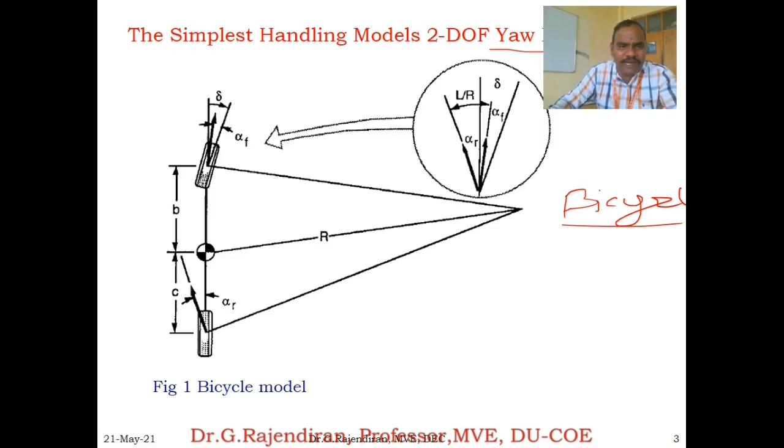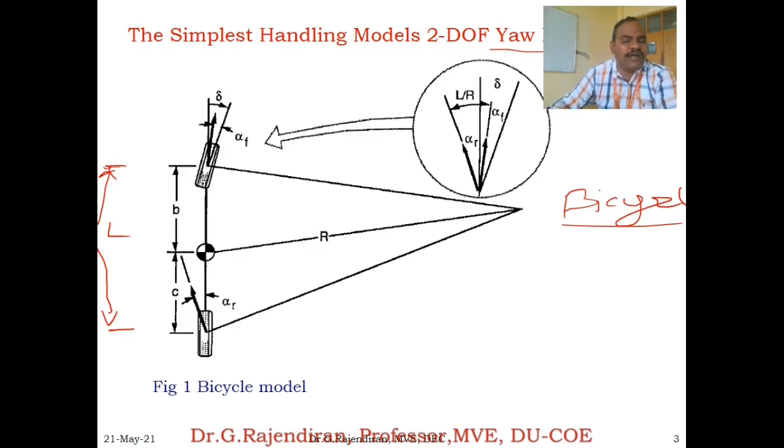The overall wheelbase of the vehicle is L. The distance between the front wheel and the center of gravity is B. The distance between the rear wheel and the center of gravity is C.